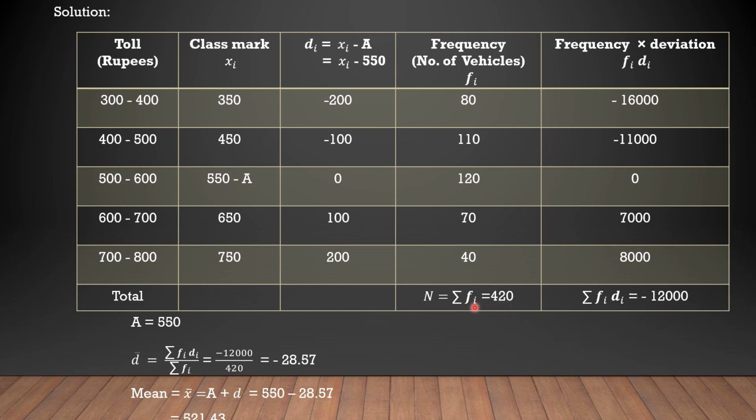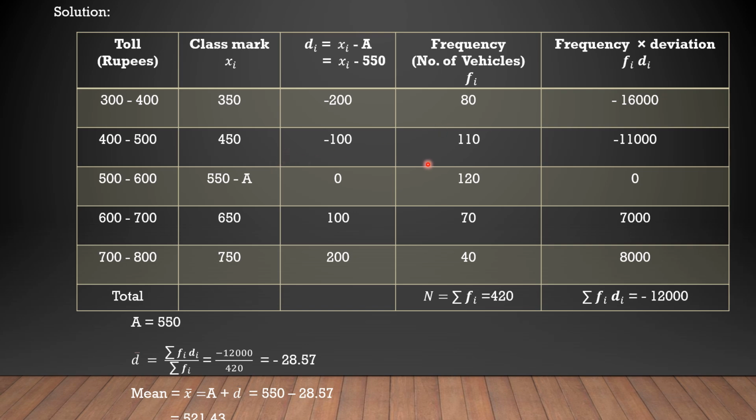So summation of Fi is equal to 420. Then we find value of Fi di. So Fi di is multiplication of Fi and di. Fi is a frequency and di is a deviation. So here minus 200 into 80, which is equal to minus 16,000.